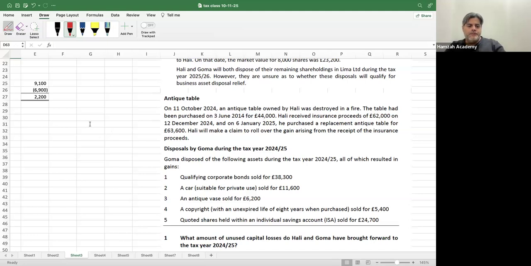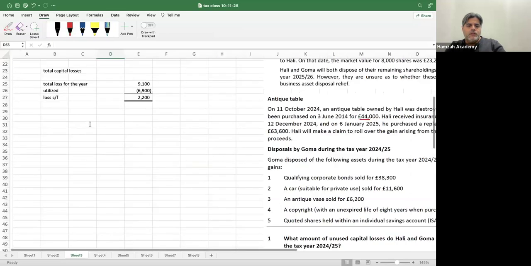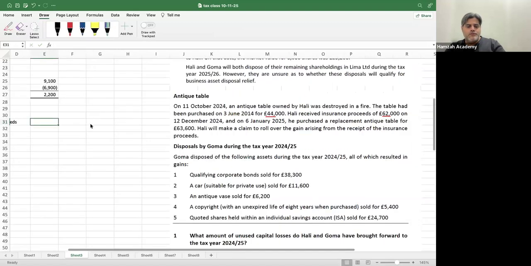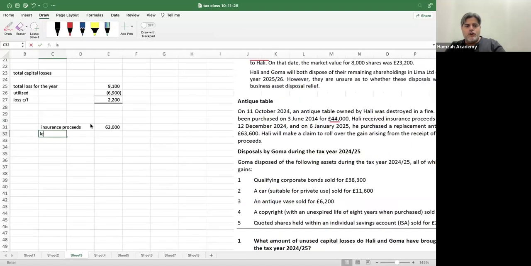So the insurance proceeds 62,000 less the base cost, which is 44,000, so the chargeable gain is 18,000.